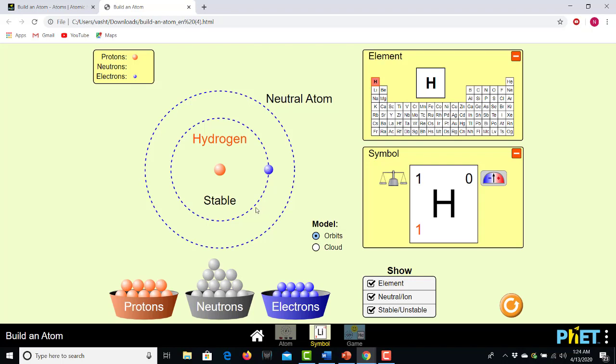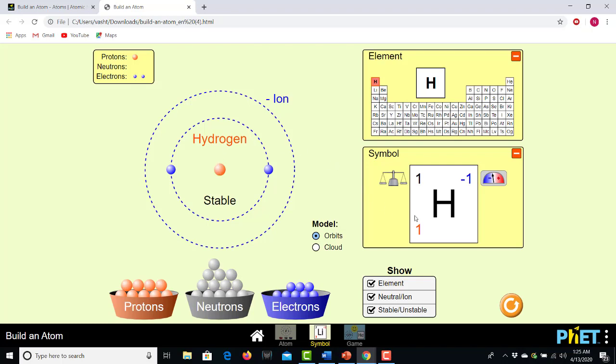But let's see what we get if we add another electron. Notice that electron went into the first energy level or the first orbit. It did not go into the second orbit. Now notice we've created a new species here, and this new species is still hydrogen. It has one proton. That's what makes it hydrogen.